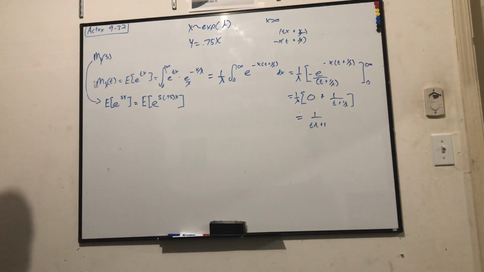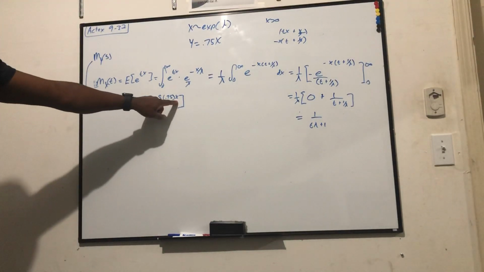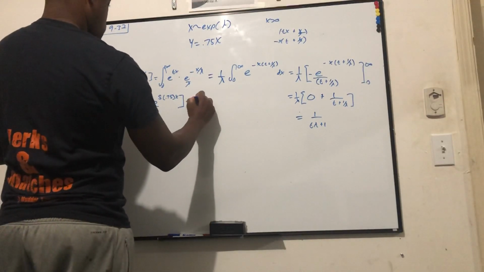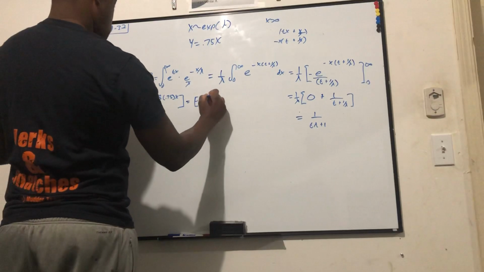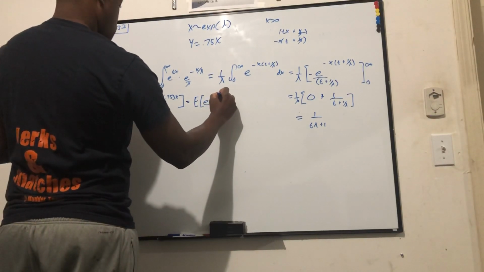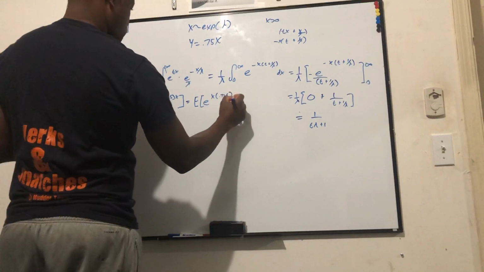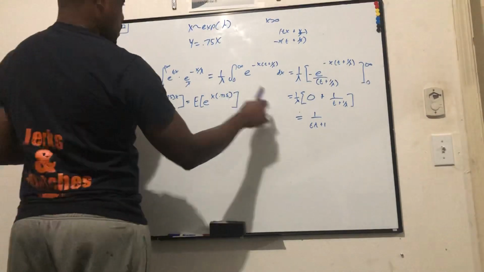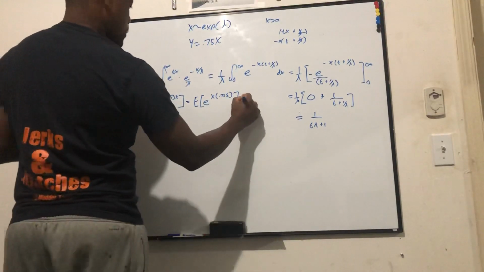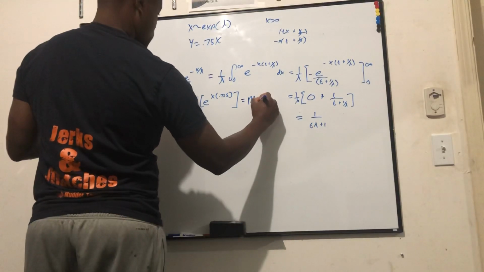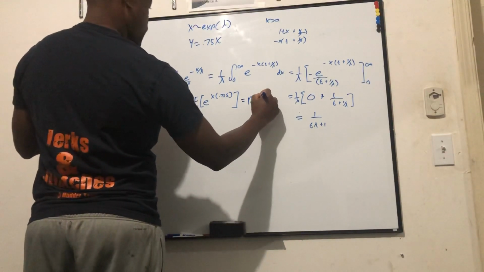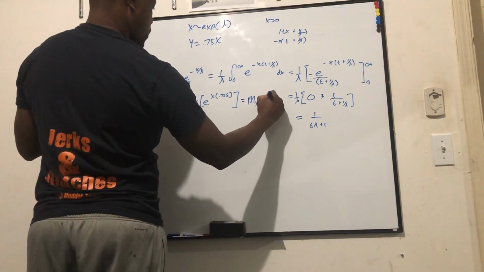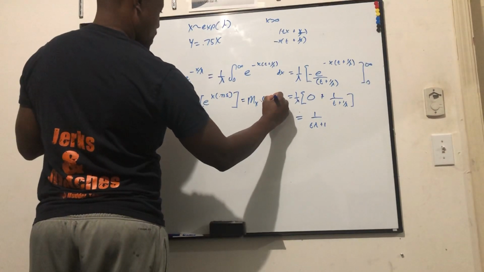Now, let's use this, because we do know the moment generating function of X. That's this thing right here. So let's go ahead and state that. This is the moment generating function of t, but t is now being represented as 0.75 s.